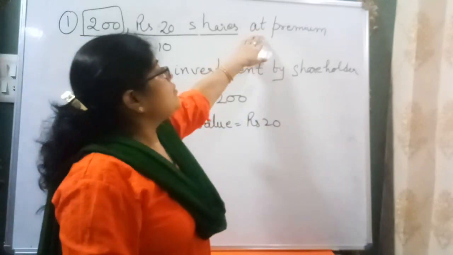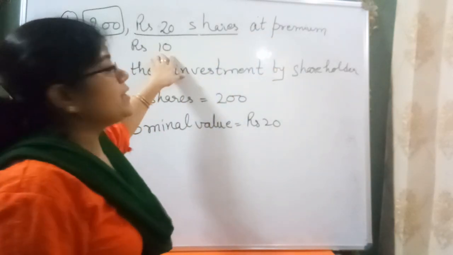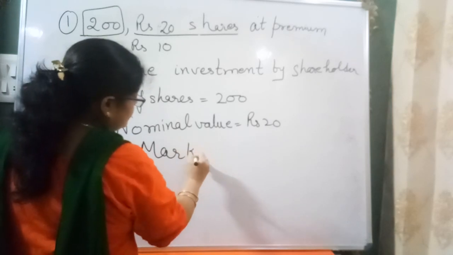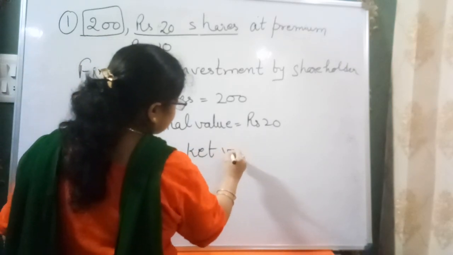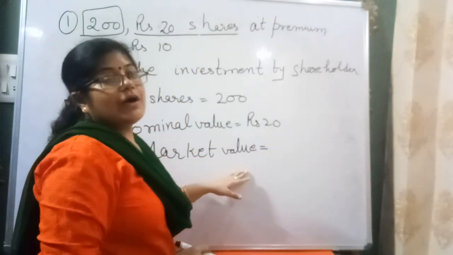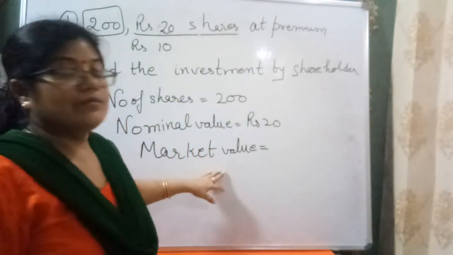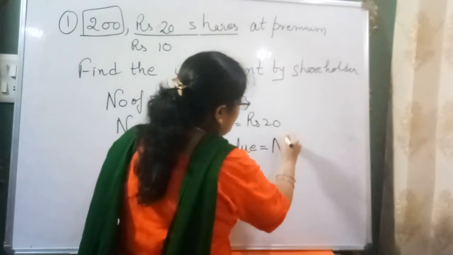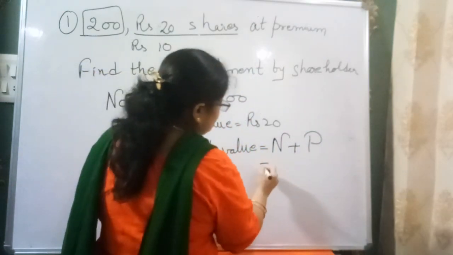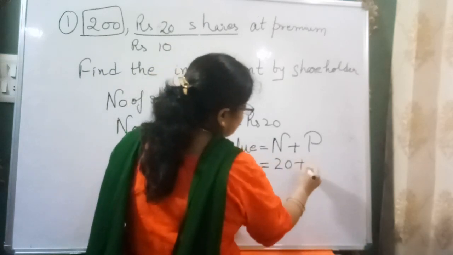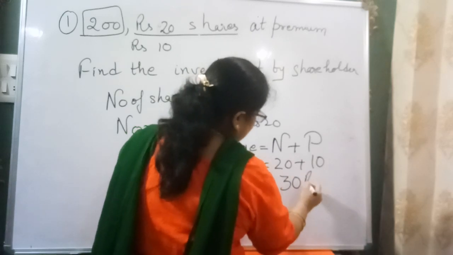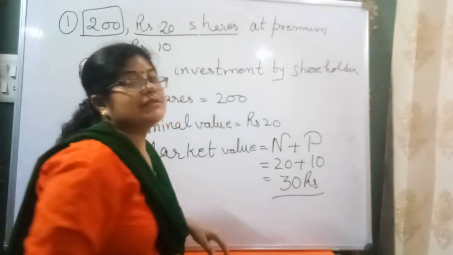At premium rupees 10. That means the market value of the share: whenever you have to find the market value, just add the nominal value with the premium. The nominal value is 20 and the premium is 10. That means the price of the share in the market is rupees 30.